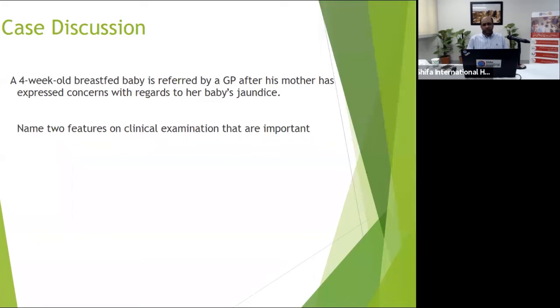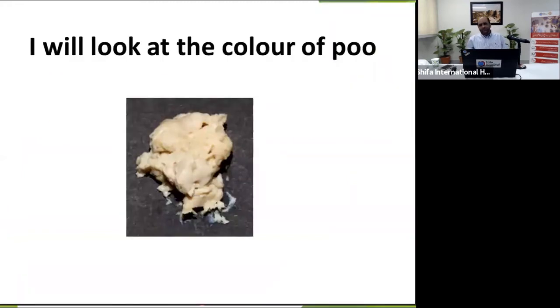Again, let me share with you another example: a 4 weeks old baby has been referred by the GP because of the concerns of the mother that the child is yellow looking, the baby is jaundiced. If we had an interactive session, I would have asked medical students or registrars what first thing you will do.